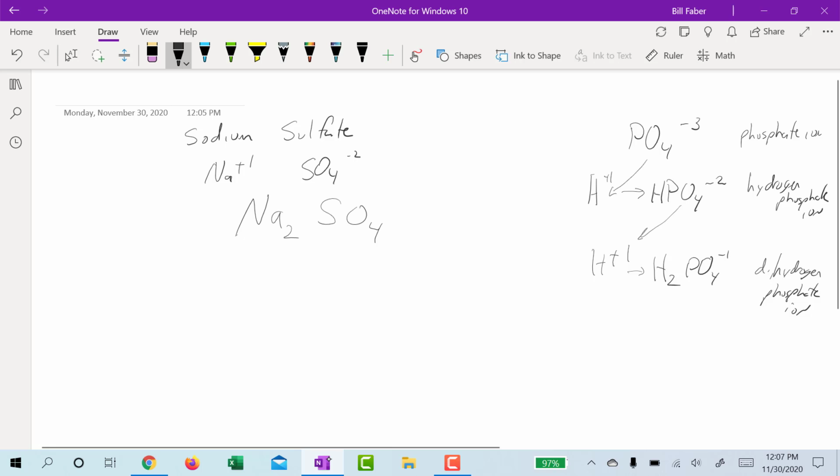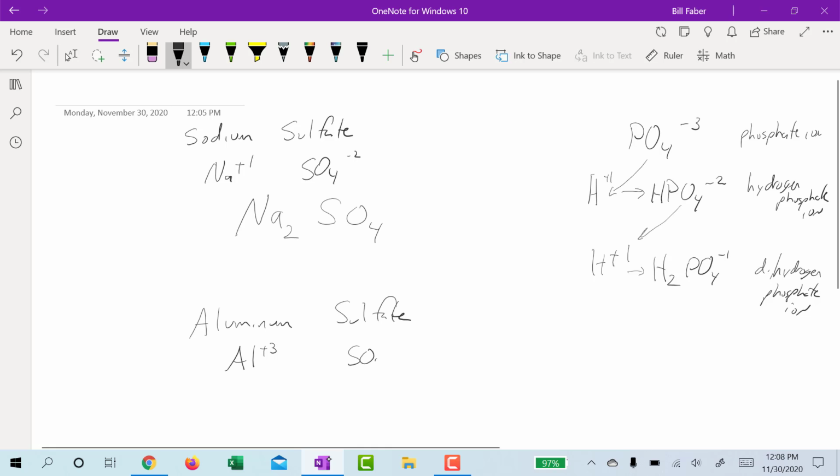So you've got to be able to keep that in mind when you see these compounds. So in fact, if you saw aluminum sulfate, like that was on that other problem, well, you know aluminum from the periodic table is plus 3. It's a main group element. I didn't give it to you, but it always is a plus 3.